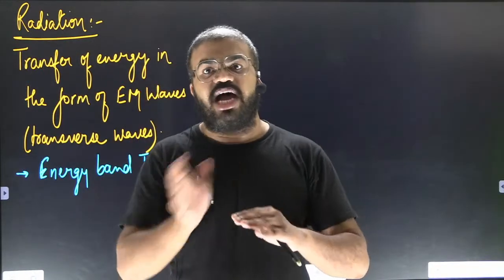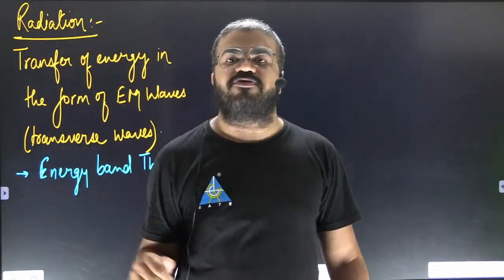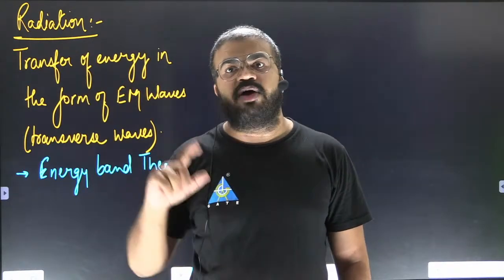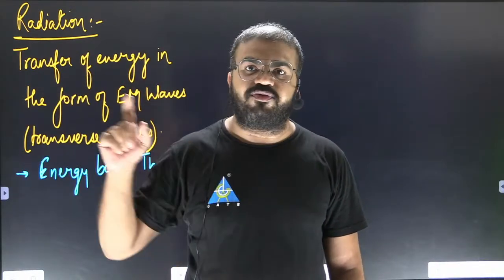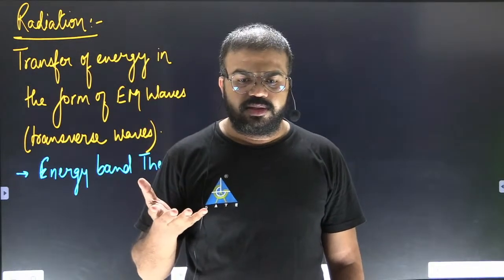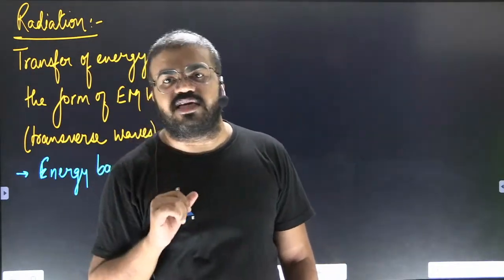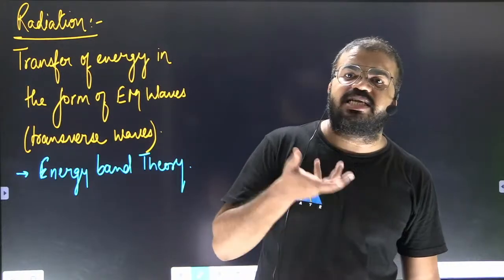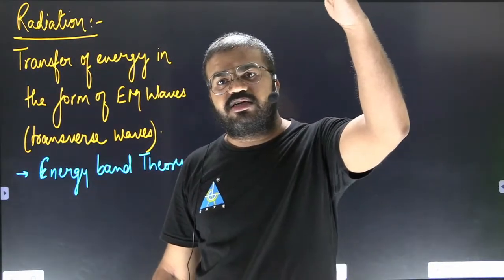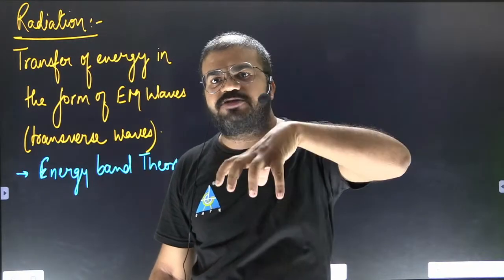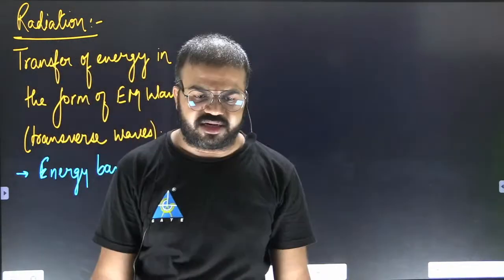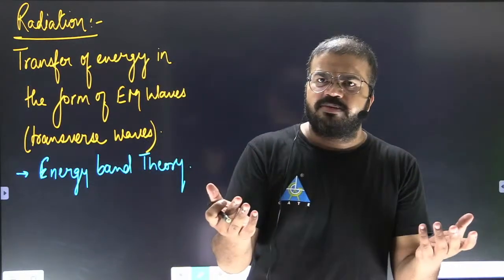Now understood why we have different levels of radiation? Why do we have cosmic rays, gamma rays, X-rays, UV radiation, visible radiation? It all depends on the excitation, how much excitation energy you have given. It goes to a certain level, and then when it returns back, it releases the energy in the form of electromagnetic waves. Some you can see, some you can't see.